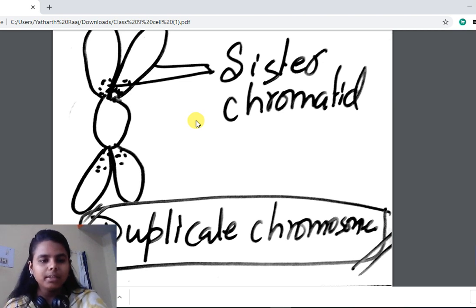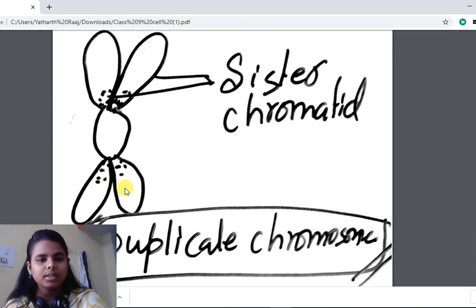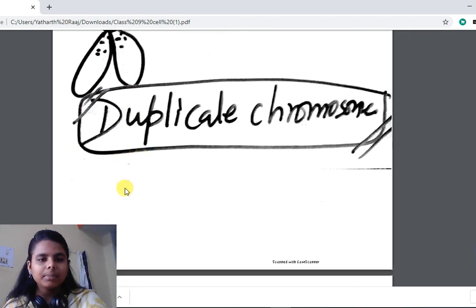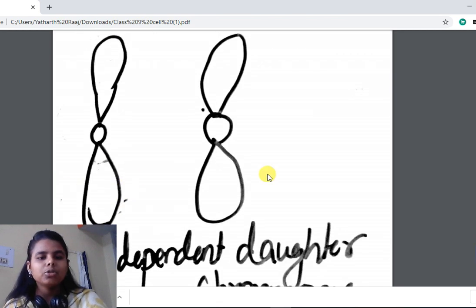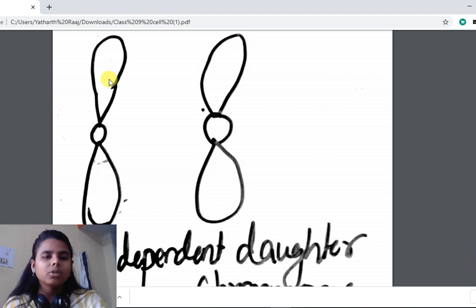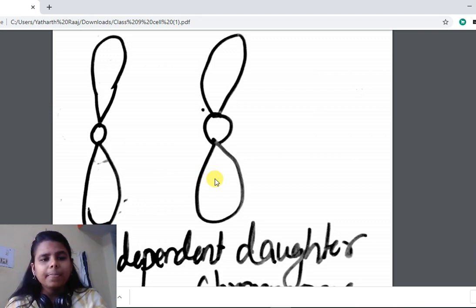So these are duplicate chromosomes. The chromosome is duplicating itself. From the centromere, the sister chromosomes are growing. The replication process is taking place. After some time, what happens? Two independent daughter chromosomes are formed. Now you can see the individual centromere, chromosome arm. These are two independent daughter chromosomes. This is what takes place when division of the cell occurs.